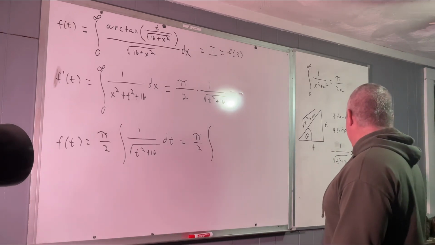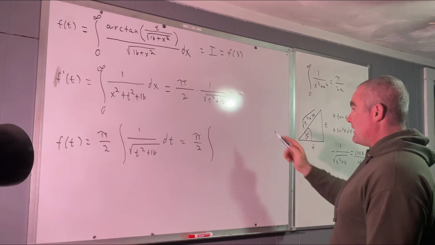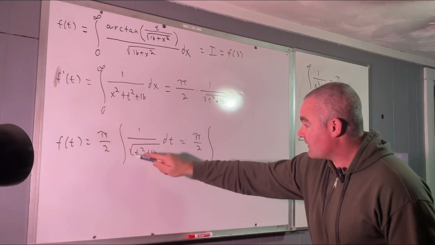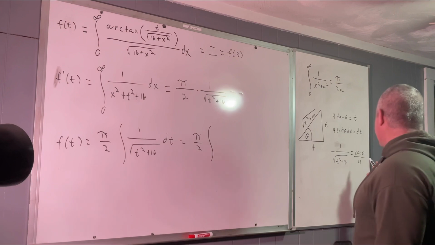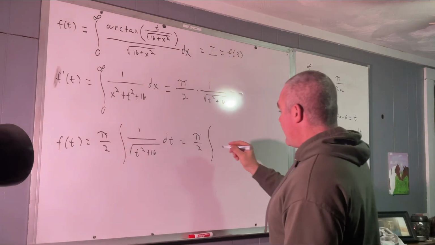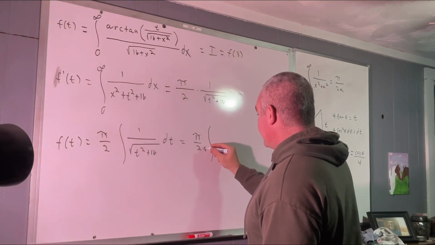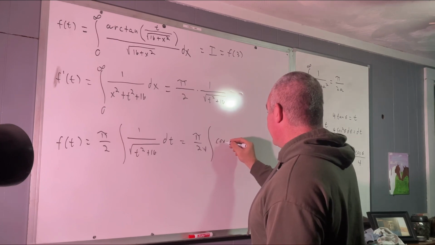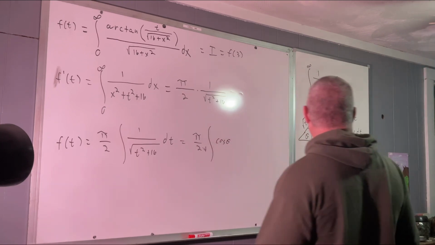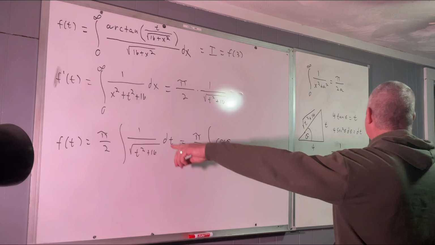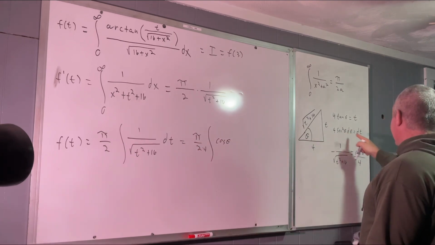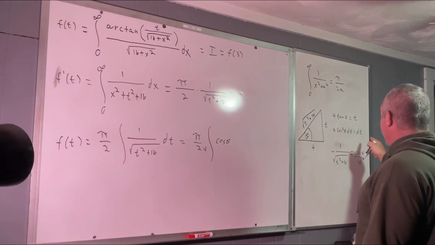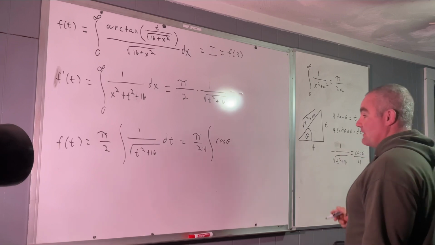So this part is going to be equal to cosine theta over 4. Now we have our dt, which is equal to 4 secant squared theta d theta.